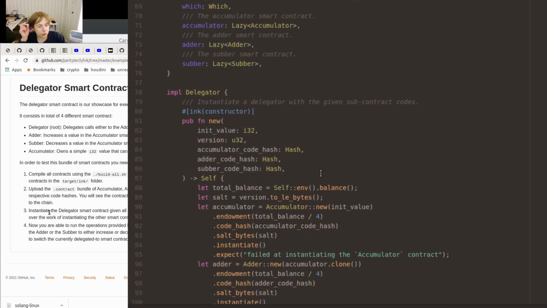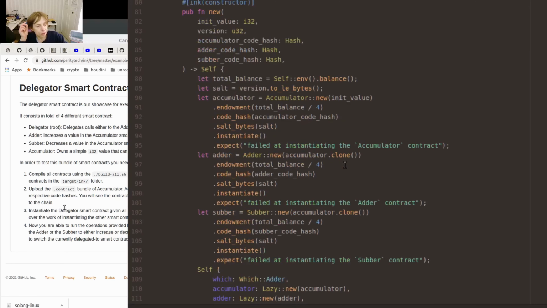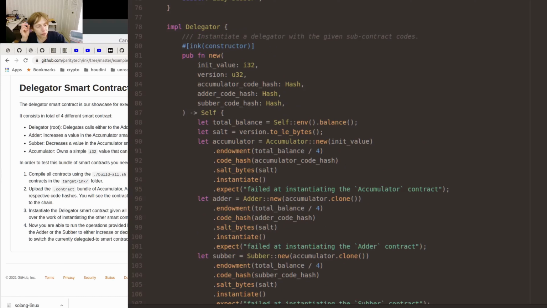Now, in the functions themselves, the methods themselves, it instantiates an accumulator, adder, and subber. So this is just like a class in Java or C++ or any of these object-oriented languages.